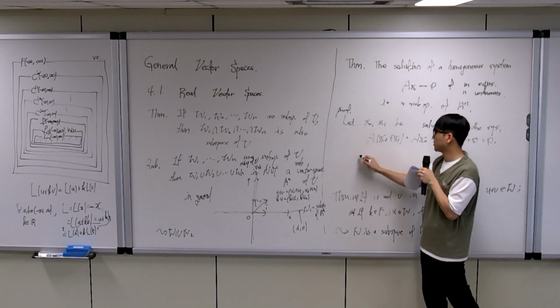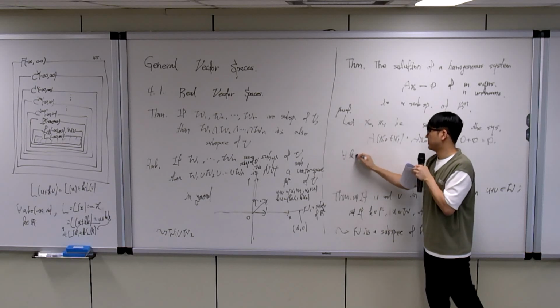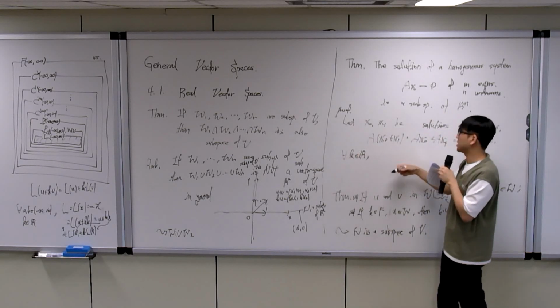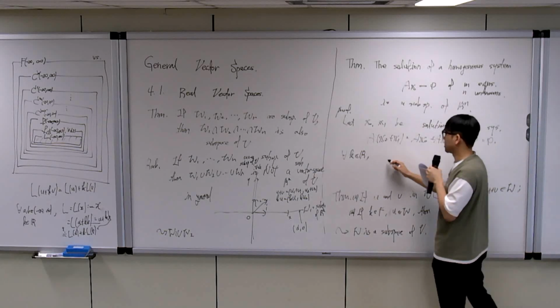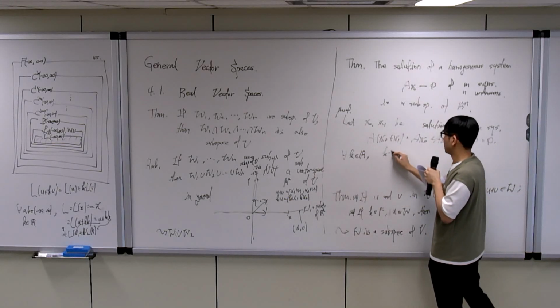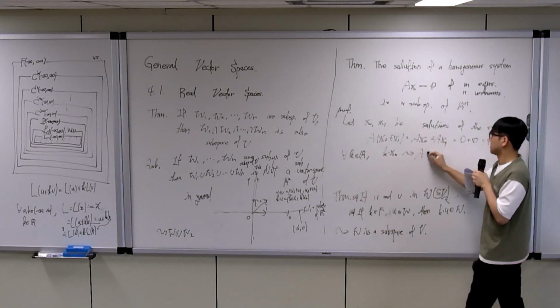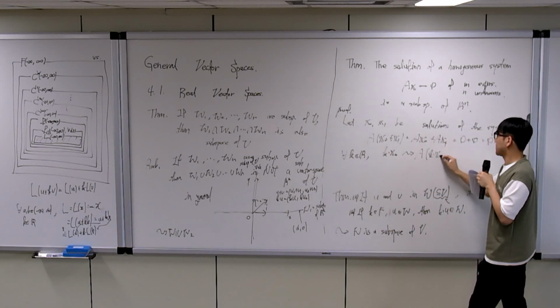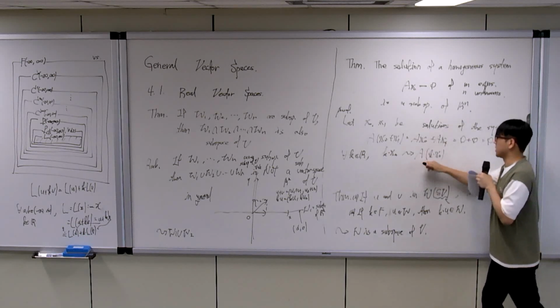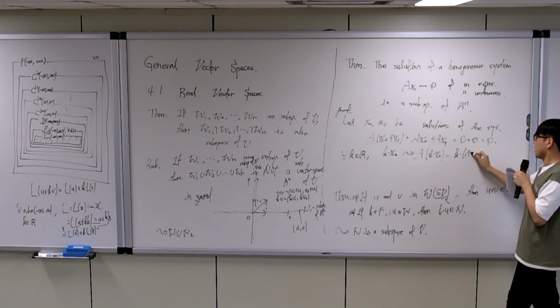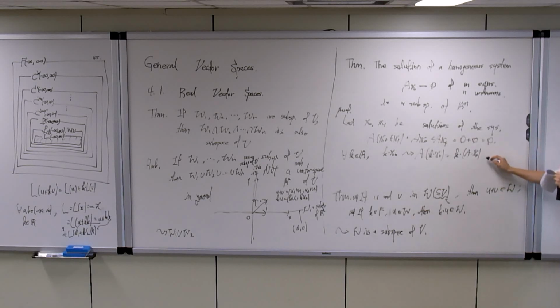Also, when you consider a real number k for the scalar multiplication, k of x multiplied by A is the same as k times A x, which is 0. So it is also closed under scalar multiplication.